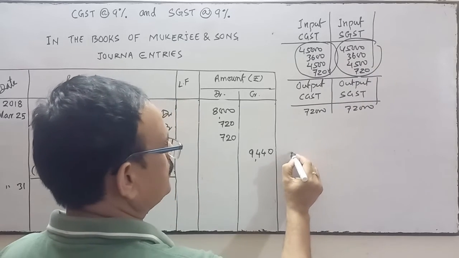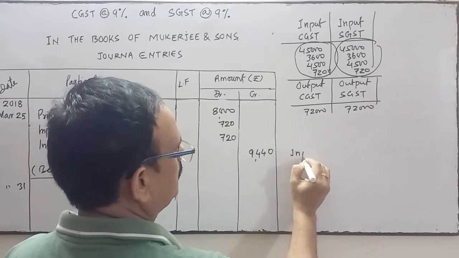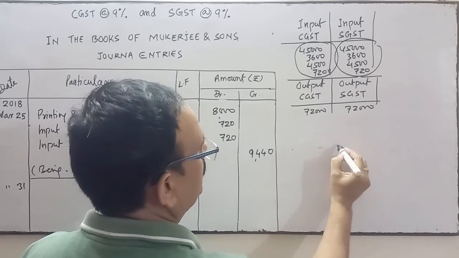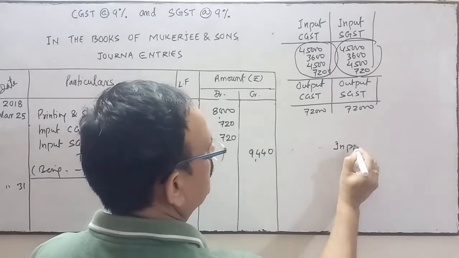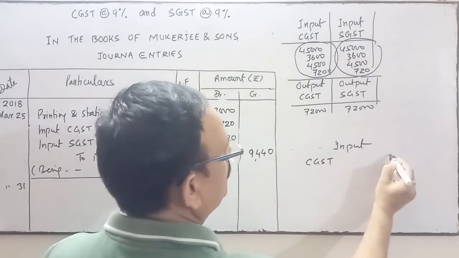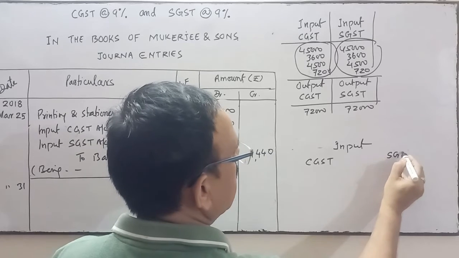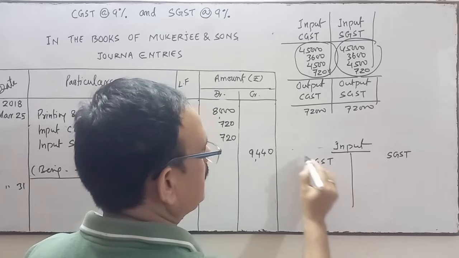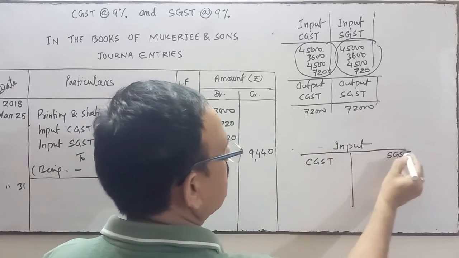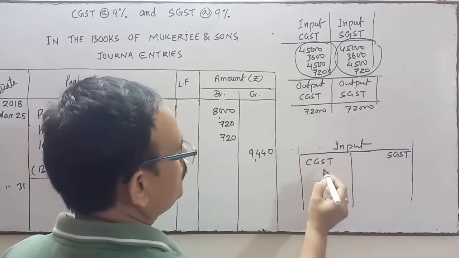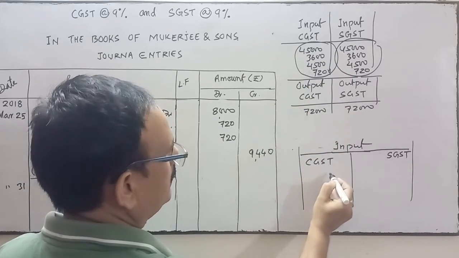I am writing like this: input CGST and input SGST. So input CGST total is how much? I'm going to do the total of these figures.